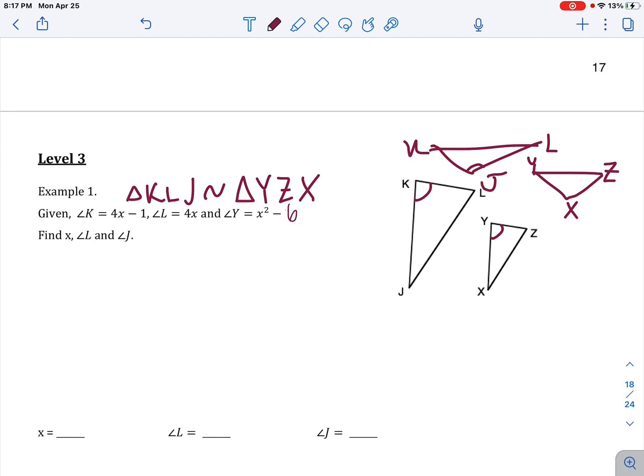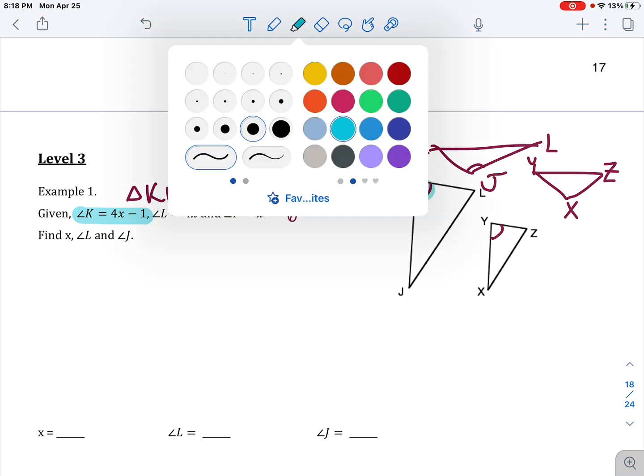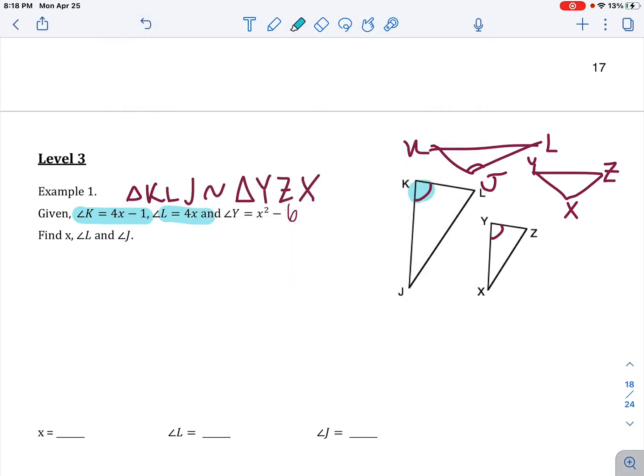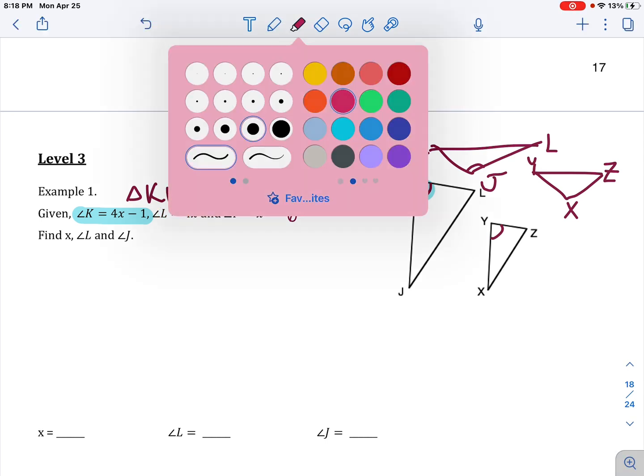So we need to recall the definition of similar triangles is that all of the angles on the inside are congruent and the sides are proportional. So for this problem, we're actually going to use the angles, and we're given that angle K right here and angle L. So that's a different one in the same triangle, so I'm going to make it a different color.